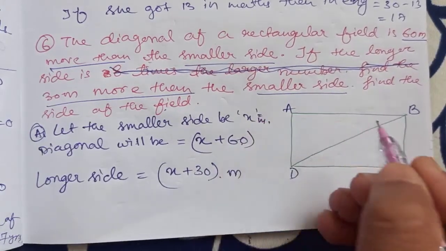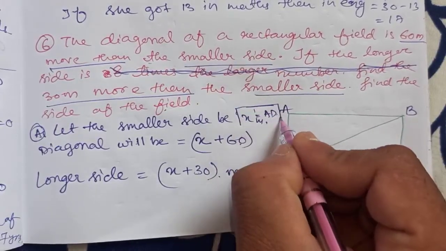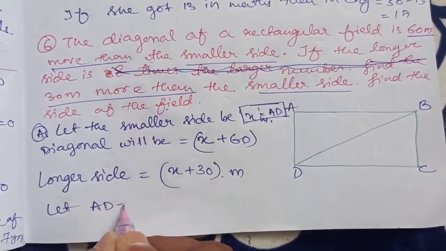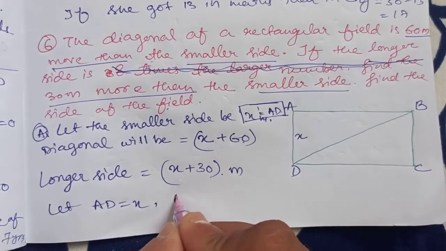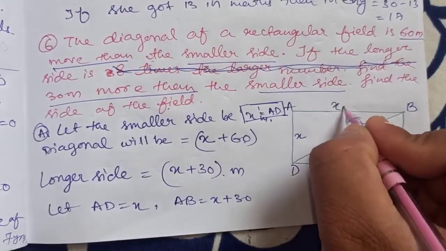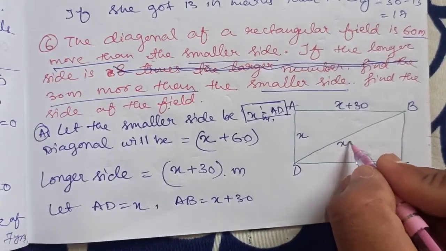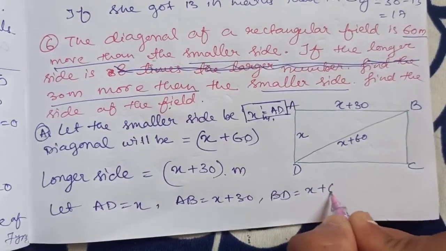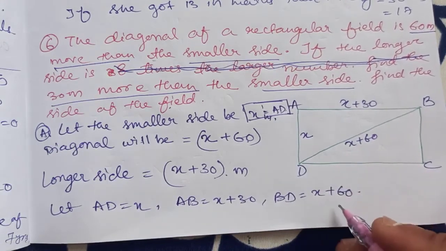We will take, let AD equals x, this is the smaller side. AB equals x plus 30, that is the longer side, and BD equals x plus 60.